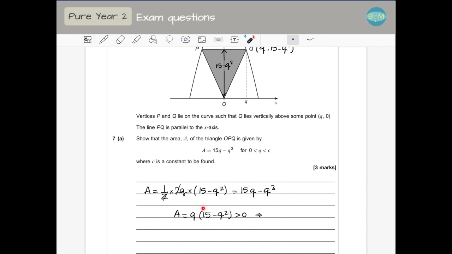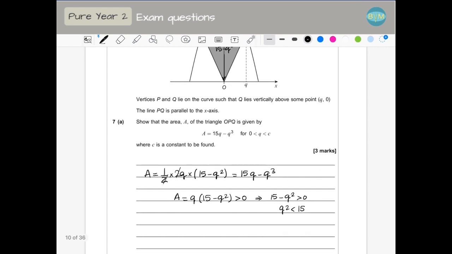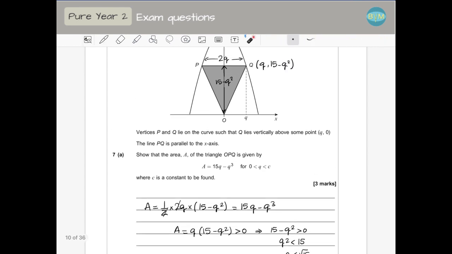So this bit must be positive, which means 15 minus Q squared must be positive, which means Q squared must be smaller than 15. So Q must be smaller than root 15. That's one option.